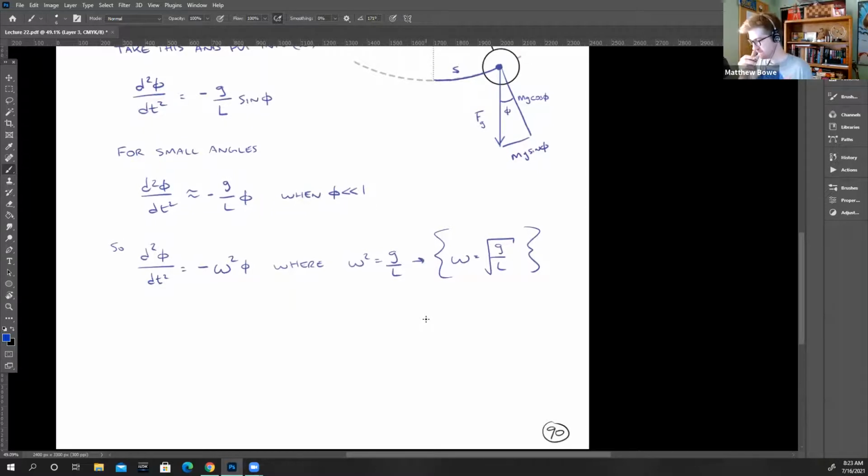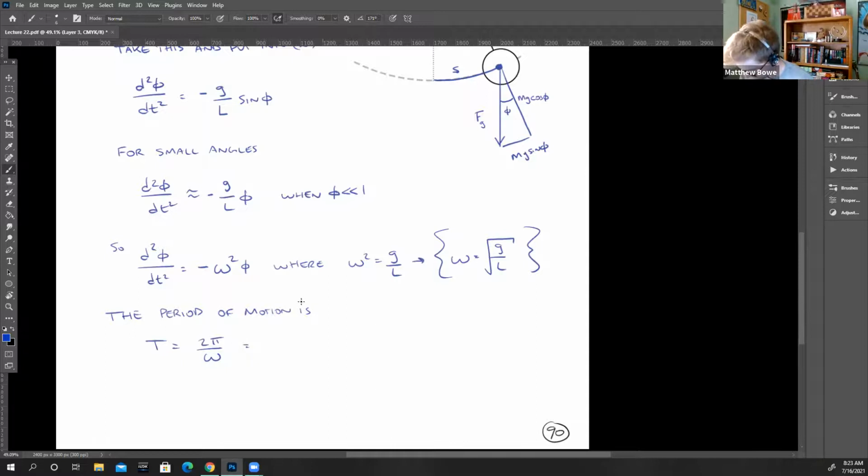Period of its motion was T equals 1 over f, or period of motion T equals 2 pi over omega.